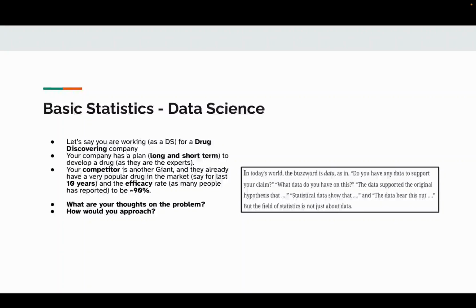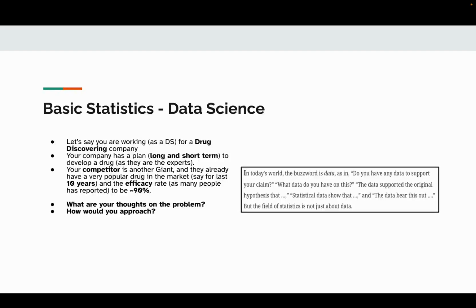And you are aware that there is already a competitor in the business, also expert in that domain, and they already have a drug very similar to what you are planning to develop. The biggest challenge is that they have a very effective drug, almost at the level of 90% efficacy rate. So you as a data scientist have to guide your company to move forward with this idea.